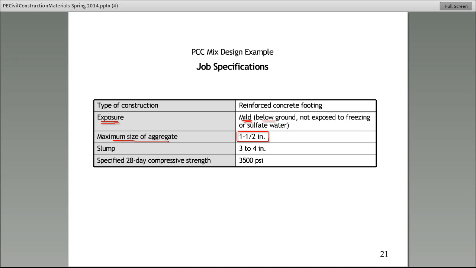So sometimes we just see what's available locally and see if we can use it for the project. However, there are cases where they don't give you the maximum size aggregate like this one. They will give you a series of requirements and parameters, and on the test, they will ask you what the maximum size aggregate should be.